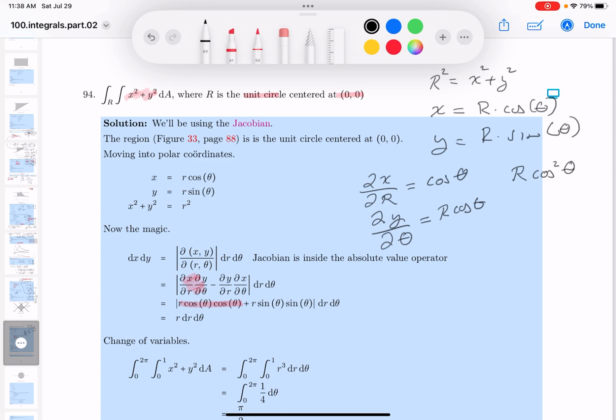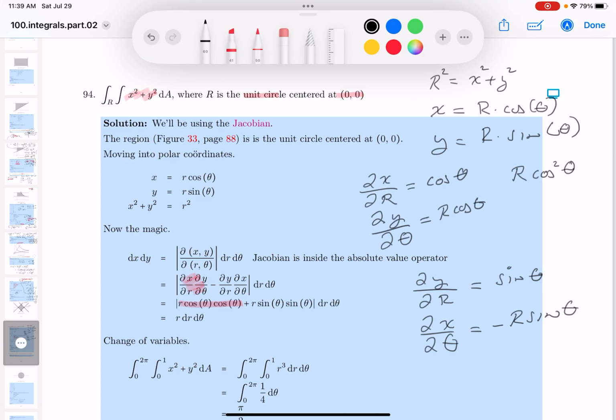Let's do the next one, the partial of y with respect to r. That's going to be sine theta. Then we do the partial of x with respect to theta, which is minus r sine theta.